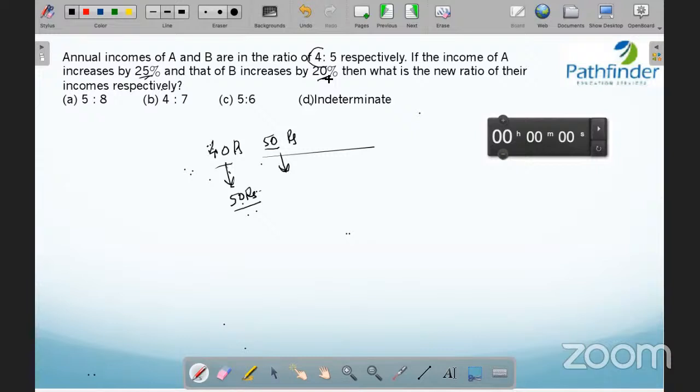If I increase B's income by 20%, so 50 plus 20% of 50 will give me 60 rupees, right? So what is the new ratio now? The new ratio is 50 is to 60, which is nothing but 5 is to 6. So the correct answer here should be 5 is to 6.